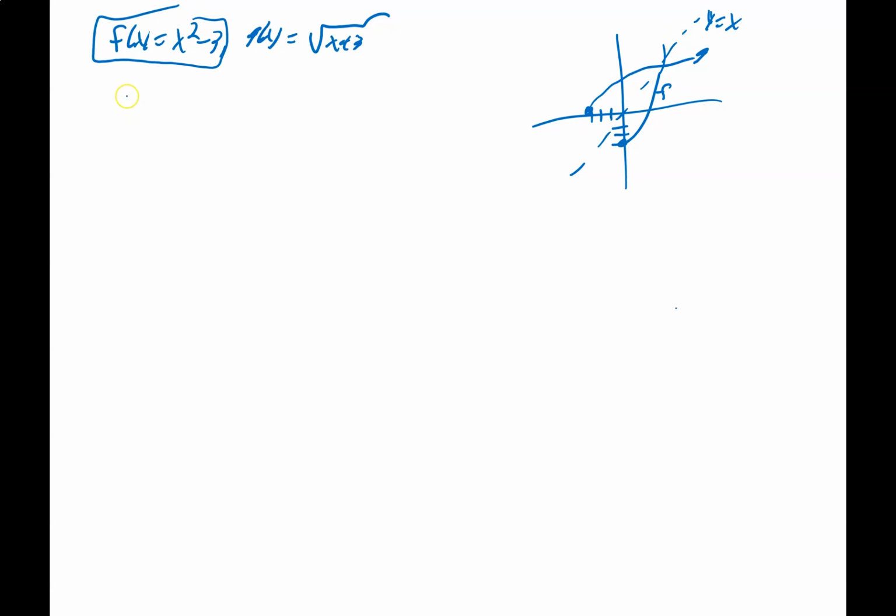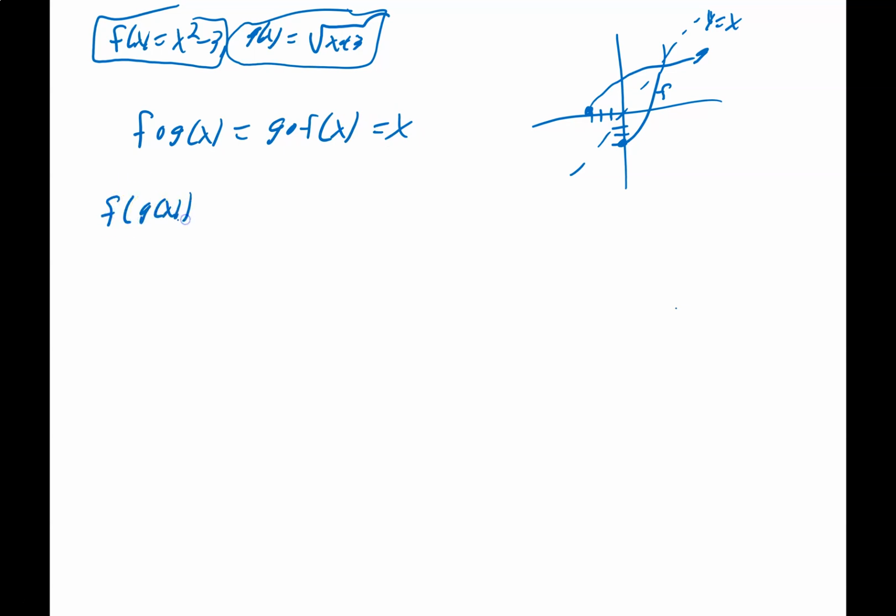So here's what I want you to do. Rather than saying, okay, let's call this y, and that's x squared minus 3, let's switch x and y, rather than actually finding the inverse of f and seeing if it does equal this, I want to actually use composition to show that f of g and g of f are the same and they equal x. So let's first find f of g of x. That's f of root x plus 3.